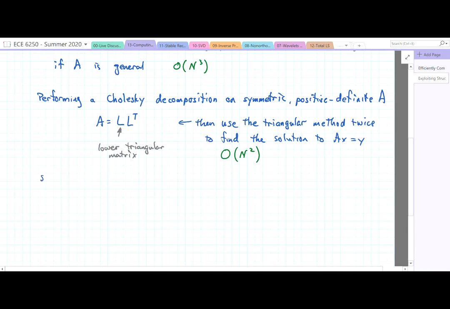But we get the same for the QR decomposition. So the QR decomposition can be found using the Gram-Schmidt approach.